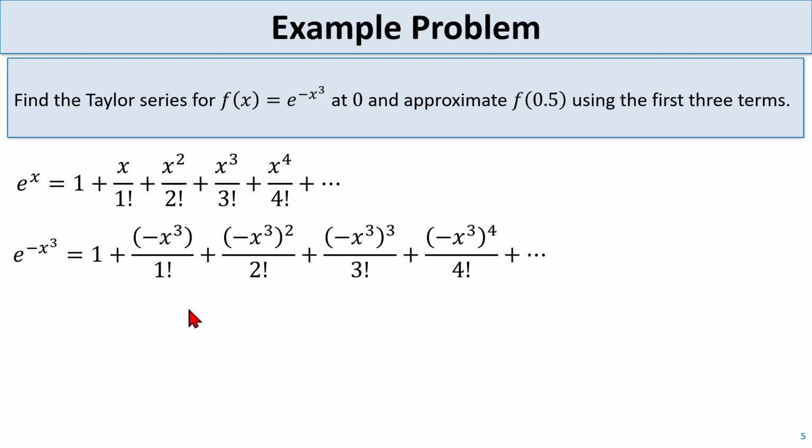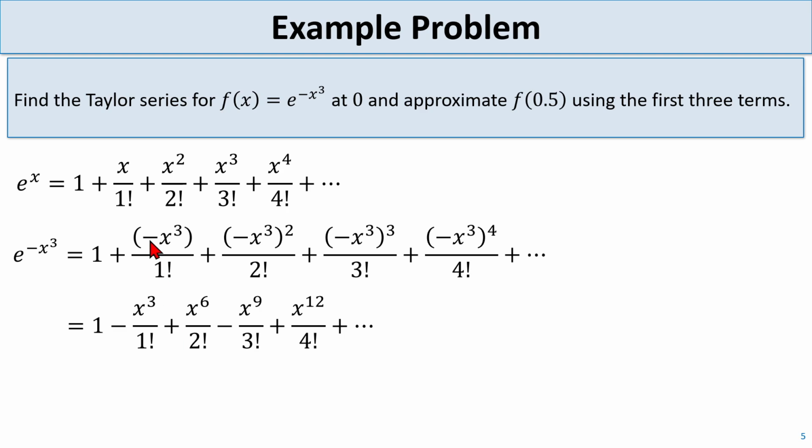We can simplify this. For example, the quantity negative x cubed raised to the power 2. You need to remember to distribute this power of 2 to both hit this 3, turn it into a 6, but it also hits this negative 1, and negative 1 squared is 1. So now the coefficient of this term is positive.